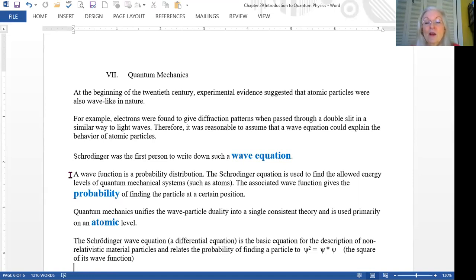So the Schrodinger equation is used to find the allowed energy levels for quantum mechanical systems. And remember, quantum are just little particles, so protons, electrons, little things. So the wave function gives you the probability of finding your particle at a particular location. And again, this is only appropriate on an atomic level.